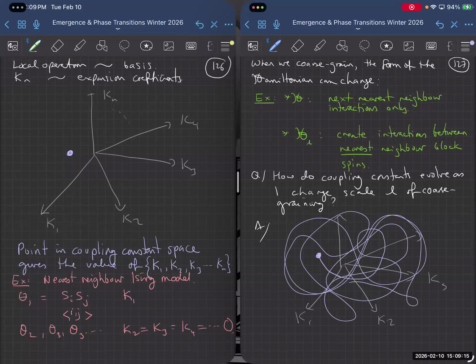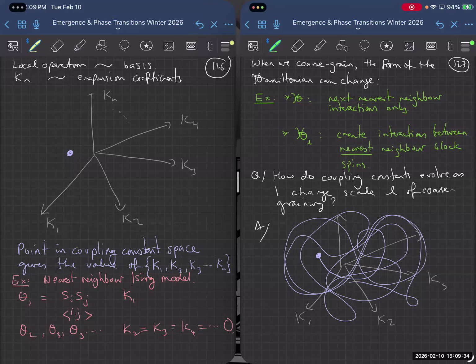So the question is, we're now going to say, well, when I look at this picture here, I say, well, that's nothing to do with phase transitions. That's dynamical systems theory. Dynamical systems theory is take a bunch of variables, they obey dynamical equations of motion. Now look at what happens to the dynamics.